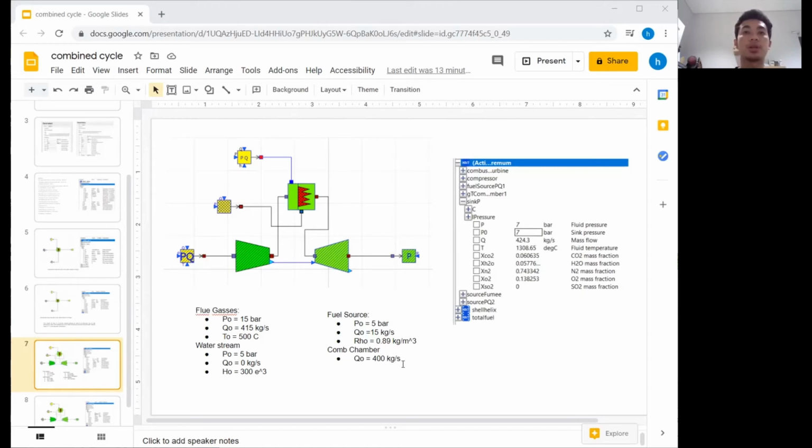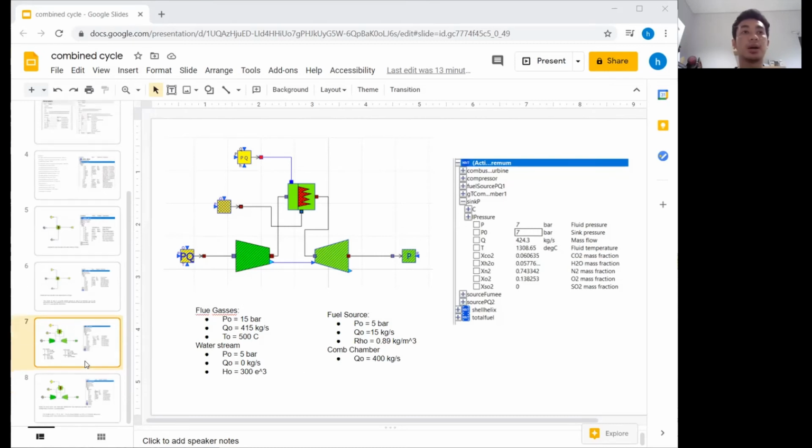It becomes 400 kilograms per second, where before it was 300. So actually, all these parameters are increased compared to before. Then we can see the results on the next slide.